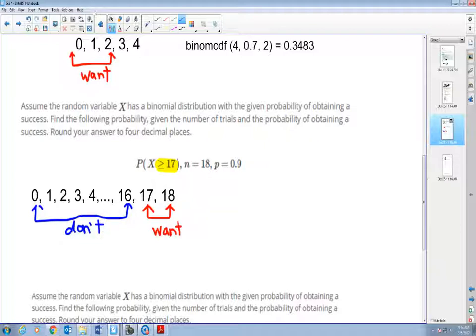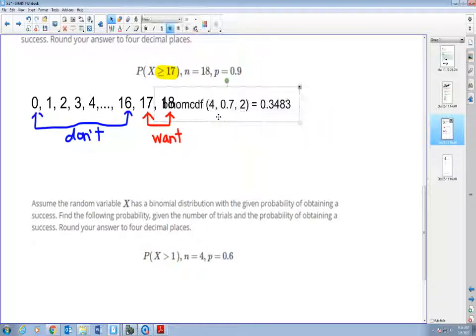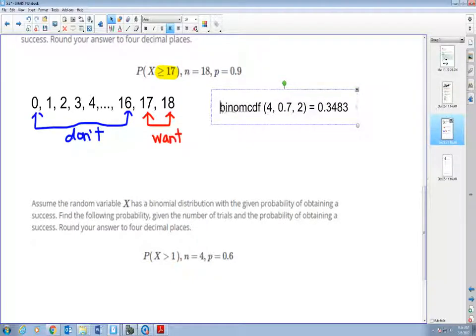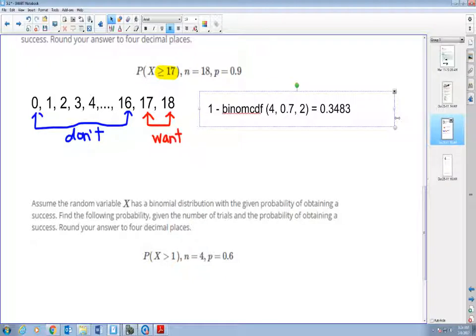So what we can do in the graphing calculator is take the number 1, which is the whole thing, minus the probability that I don't want. 1 minus what I don't want will equal what I want. Because what I want is 17 or 18, for my CDF I got to say the number of trials is 18, probability of success is 0.9.